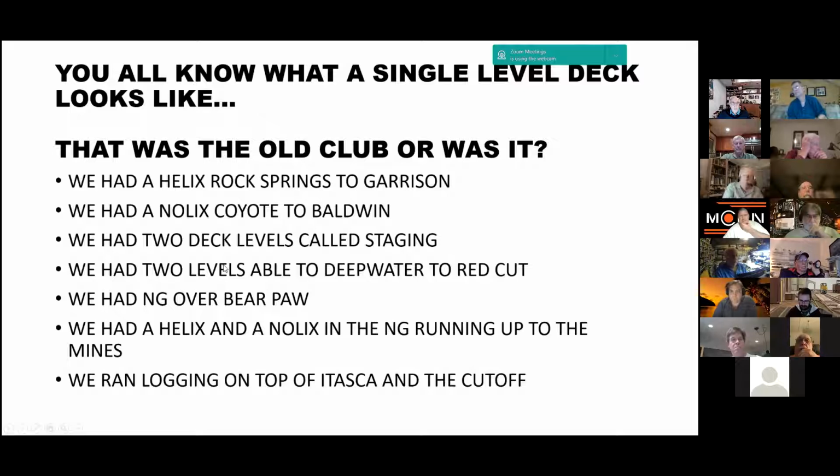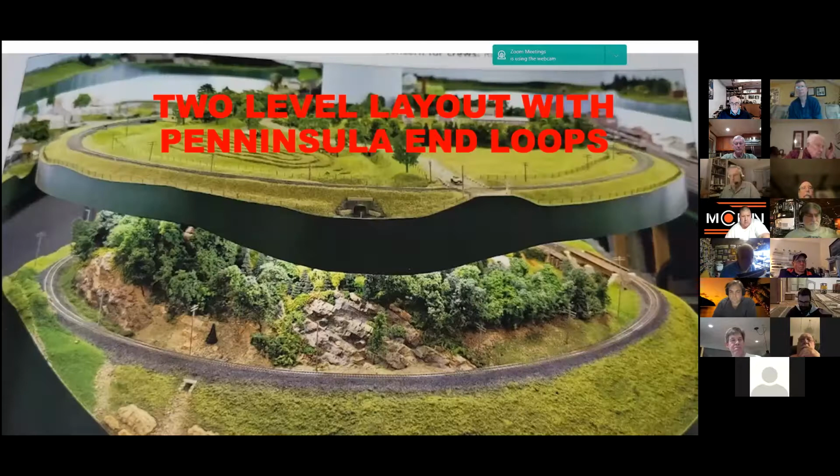We had what we called the main level, and below that was the able to deep water to red cut run. We had narrow gauge over Bear Paw. We had a helix and a nolix in the narrow gauge running up to the mines. And we ran logging on top of Itasca and the cutoff. So we had a lot of multi-level stuff going on.